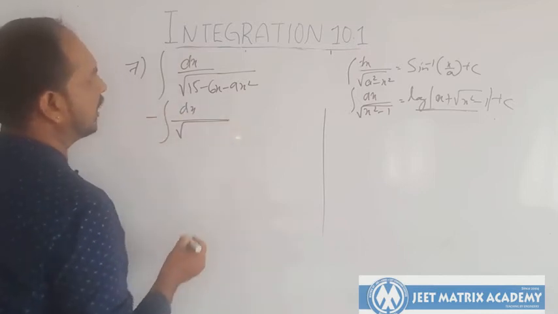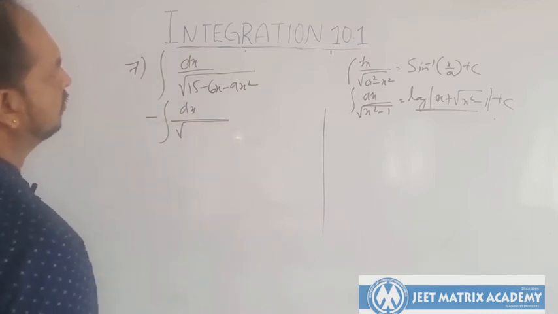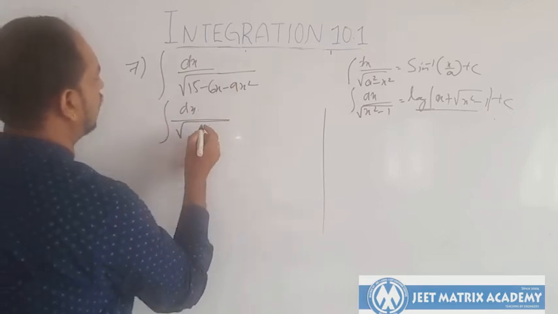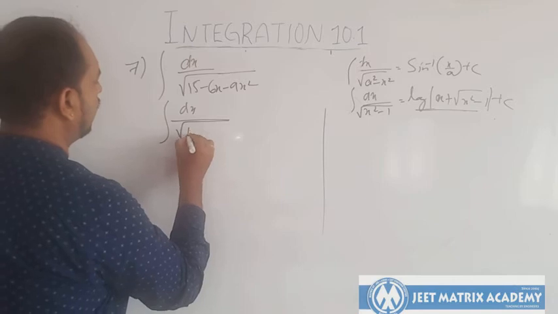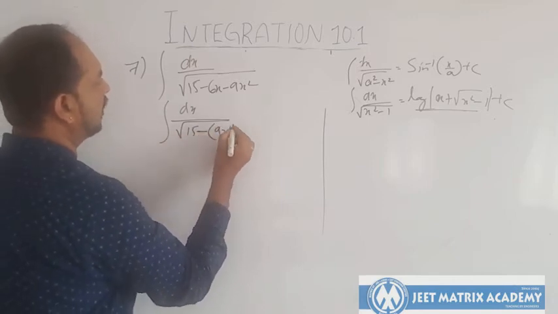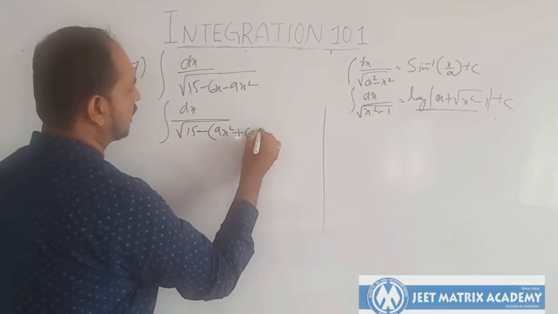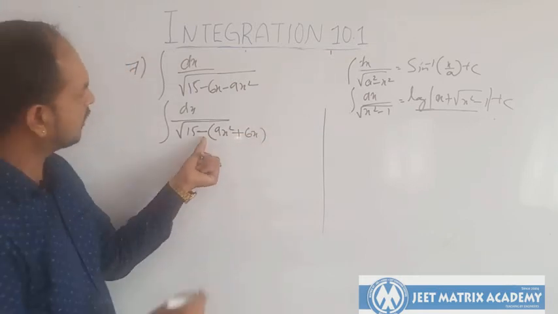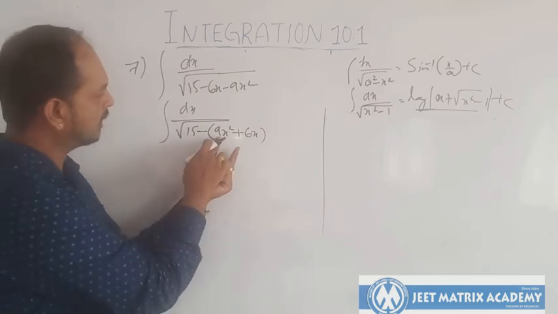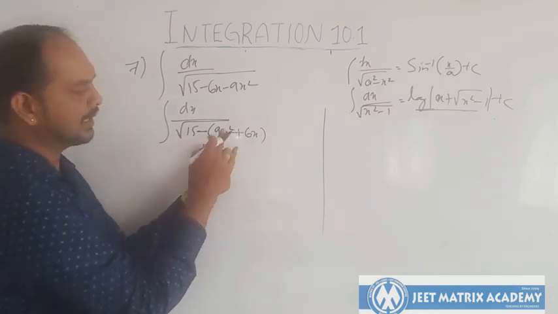So what I can write is 15 minus, I'll take outside, it will be 9x square plus 6x. Am I right? I'll put a bracket so that minus x square will happen and minus 6x.